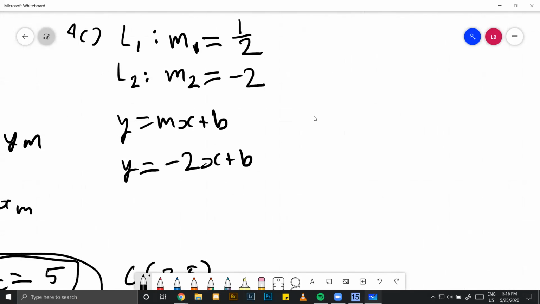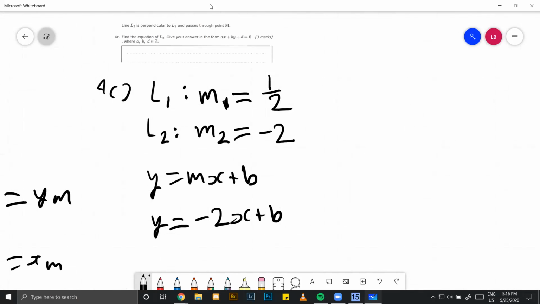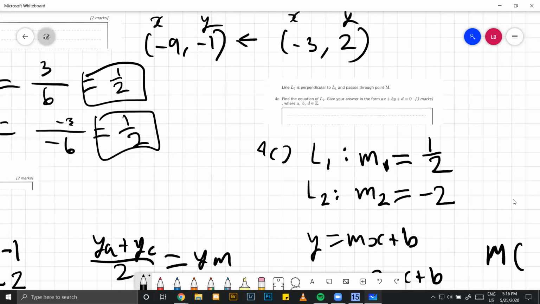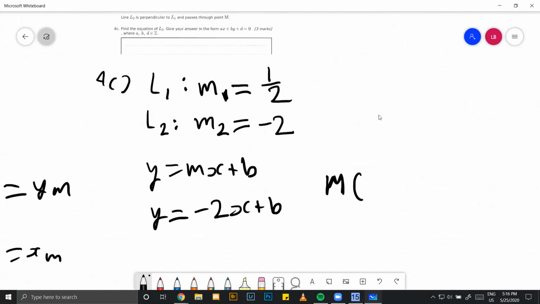Another piece of information is that it passes through point M, which, if I remember correctly, is -3, 2. So this point satisfies the equation. We take the y value, 2, equal to -2 times the x value, -3, plus b.